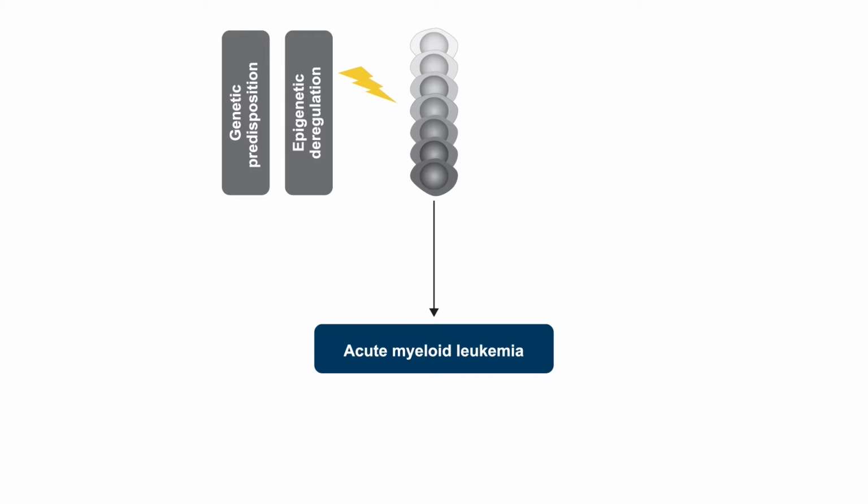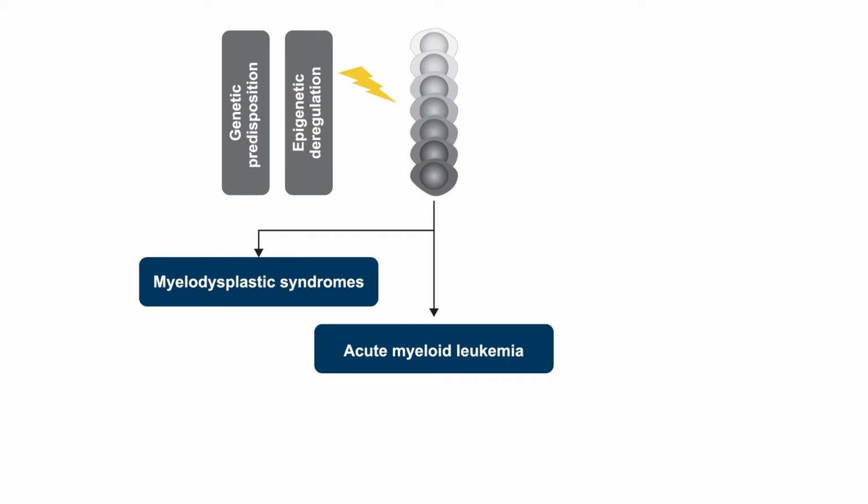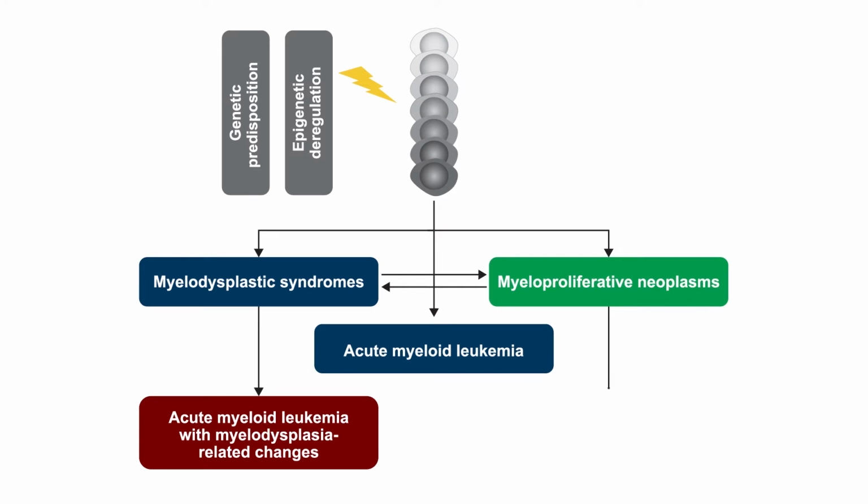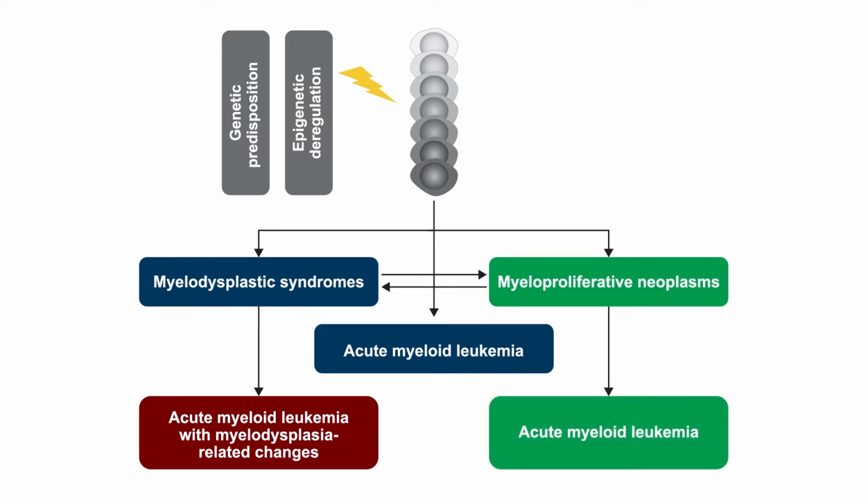Or we could think of AML along other dimensions, such as AML arising following myelodysplastic syndromes, which we call acute myeloid leukemia with myelodysplasia-related changes, or AML that might follow myeloproliferative neoplasms. These different types of AMLs from a clinical standpoint are also associated with different genomic characteristics when we look at P53 mutations per se.